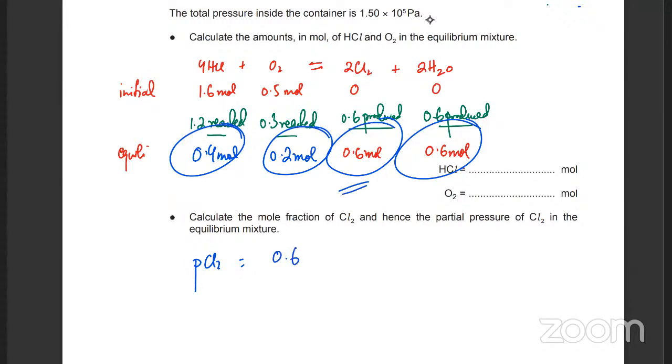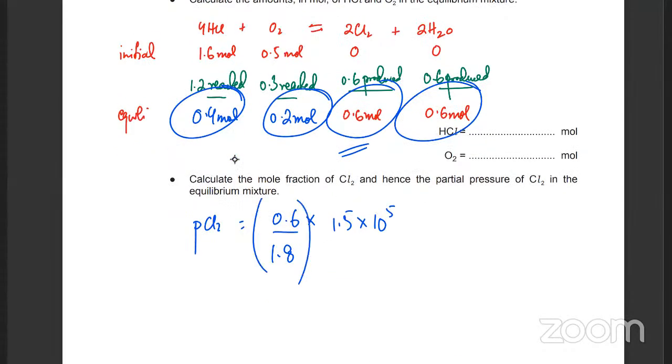So it's 0.6 divided by the total, which is, what's the total? 0.6 moles, 1.2, and 1.2 plus 0.6, that's 1.8. So 0.6 over 1.8 times the total pressure, which is 1.5 times 10 to the power 5. So that's the mole fraction, and the partial pressure you can find from that. So what's the answer for this? 50,000.